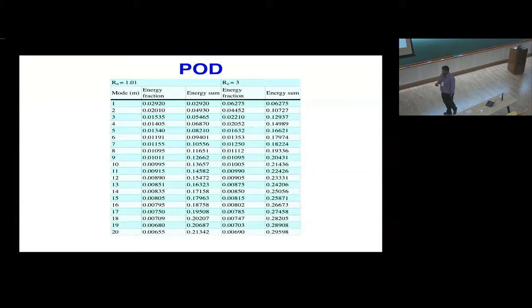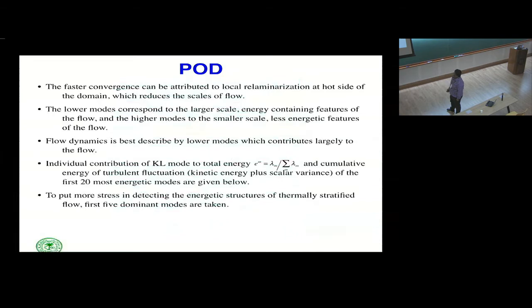You can see that not much deviation is there. For the first 20 modes I have given here, even the 10th mode still has around 1% energy, and all of the energy is distributed into very fine scales. But for the other case, the 20th mode has only around 0.6% of the fraction.